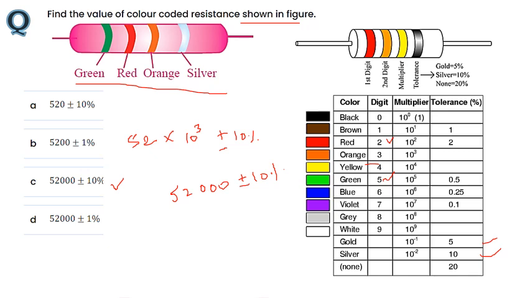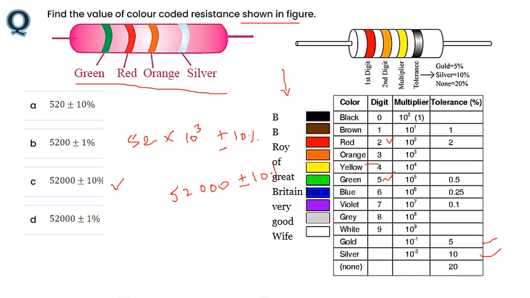For better understanding, you have to remember this color coding. For understanding this color coding, there are some mnemonics. You can go through this mnemonic: BB Roy of Great Britain has a very good wife. Remember this coding here.